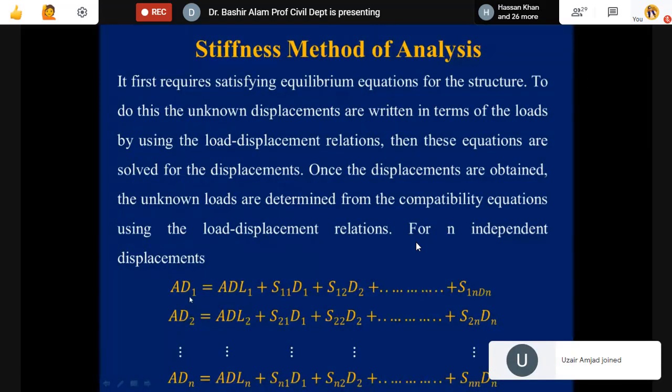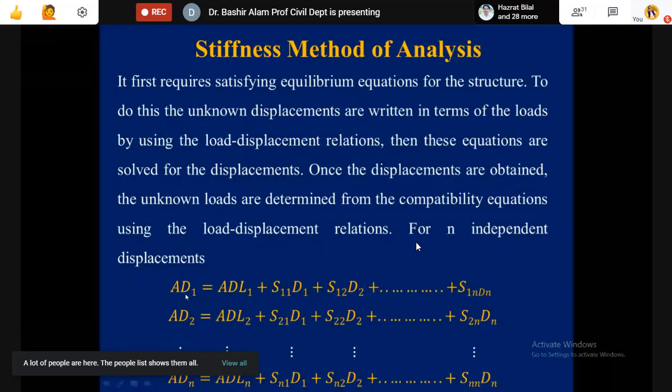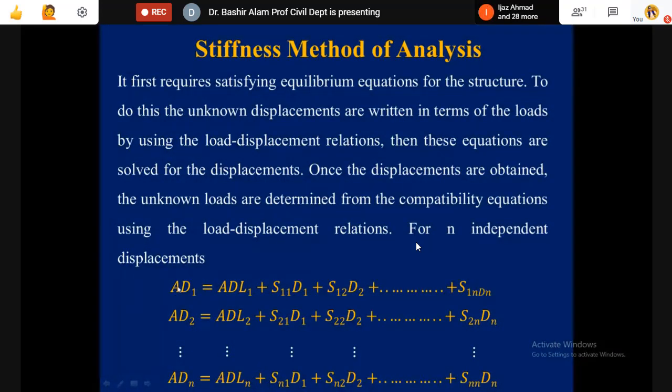Now AD1 is the same as what we used in the flexibility method, where it used to be DRS, the displacement corresponding to the redundant action. If some precondition was given, we used to record that value here.